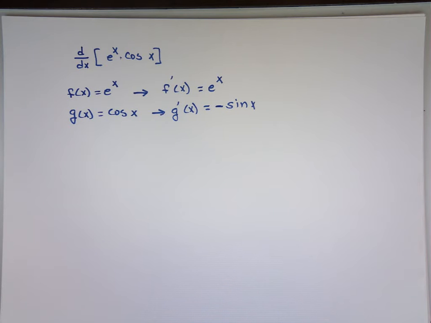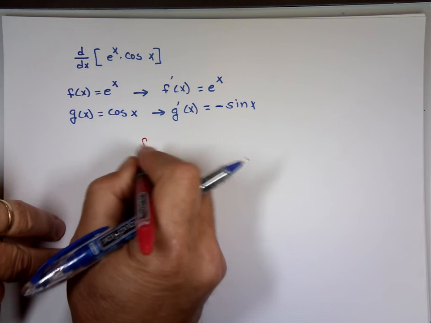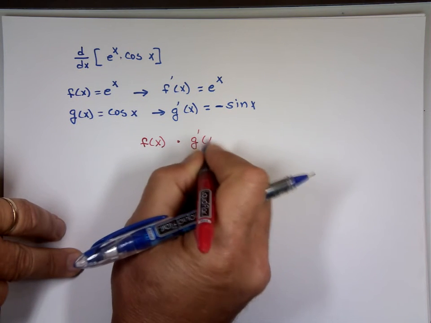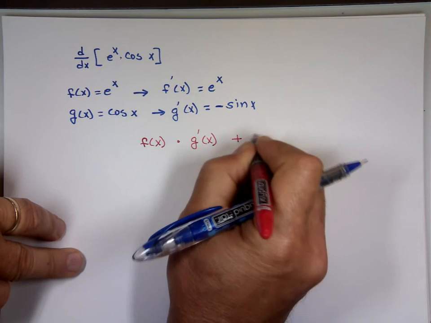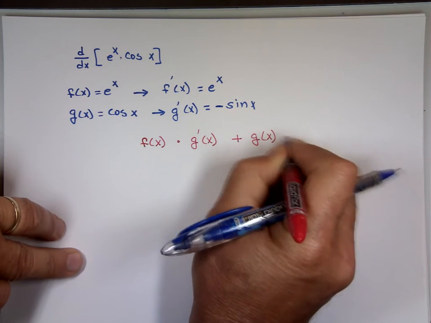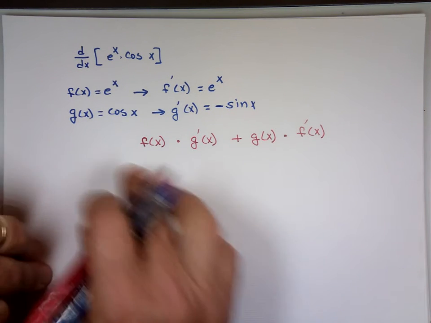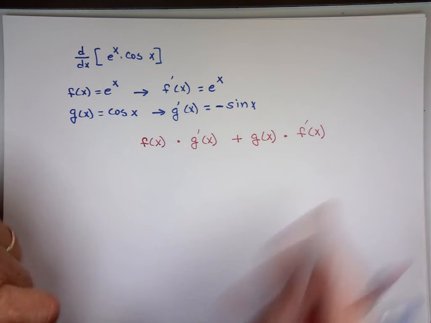Get the answer to them, then go to your equation. It's f of x times g prime plus g of x times f prime. If every time you do a problem like this, you write that equation, I guarantee you by the time you finish the homework, you memorize it.